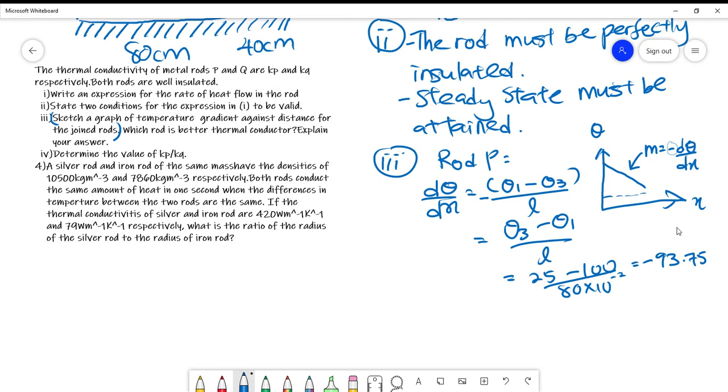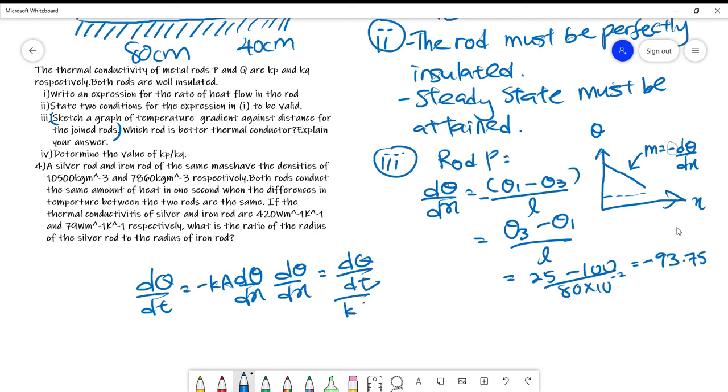I wonder what the SI units will be. So dQ over dt equals negative KA d theta over dx, so d theta over dx equals dQ over dt divided by KA. Okay, so I've got the SI units.